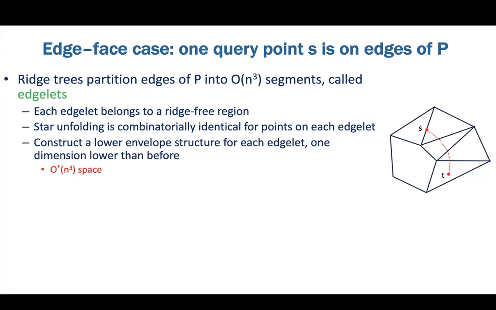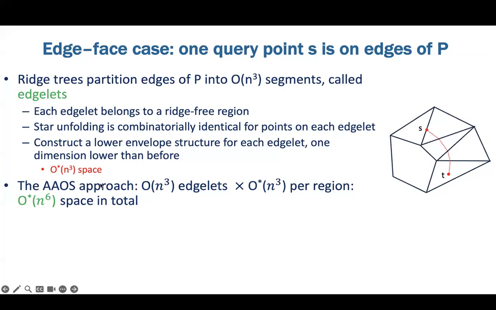So we construct a lower envelope structure for each edgelet. But this is a one-dimensional lower envelope because S is restricted on a line segment. So we have n cube space is enough. Again, the previous approach has this many edgelets and this much space, and the total space is n to the 6.